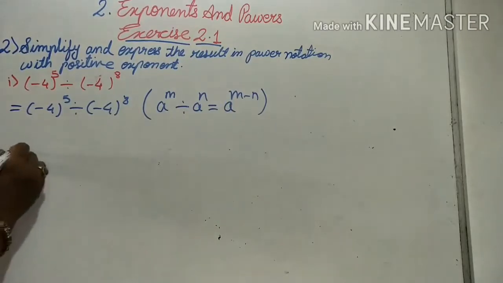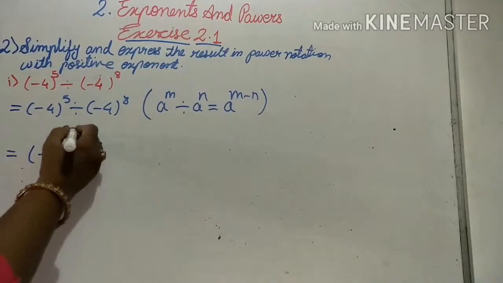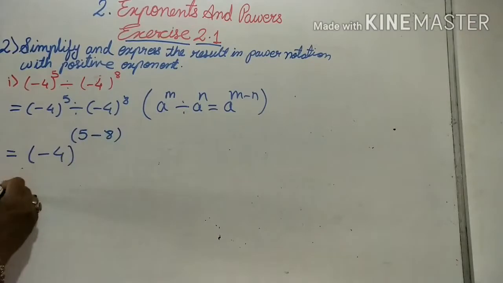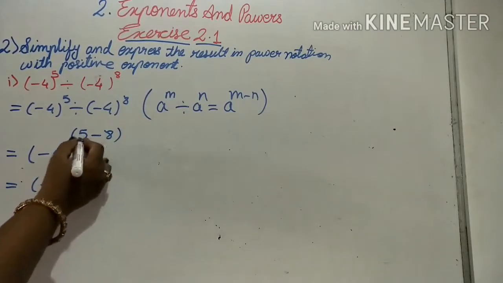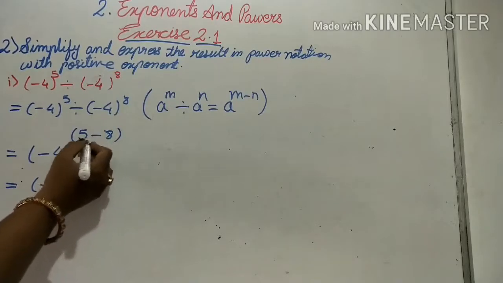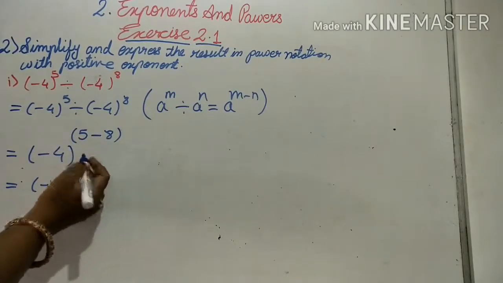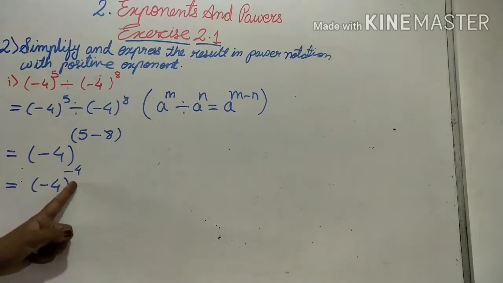Therefore, it is equal to minus 4 raised to 5 minus 8, which is minus 4 raised to minus 3. Now the answer is in negative exponent format.